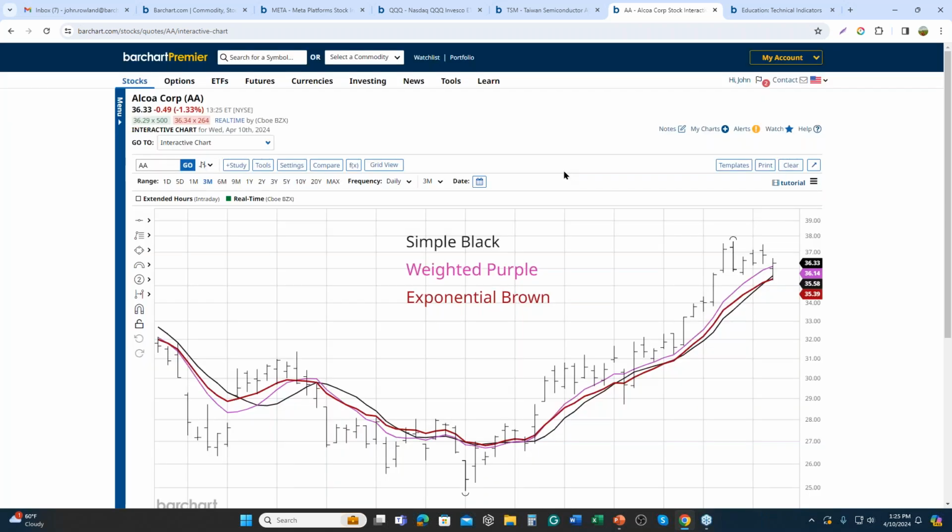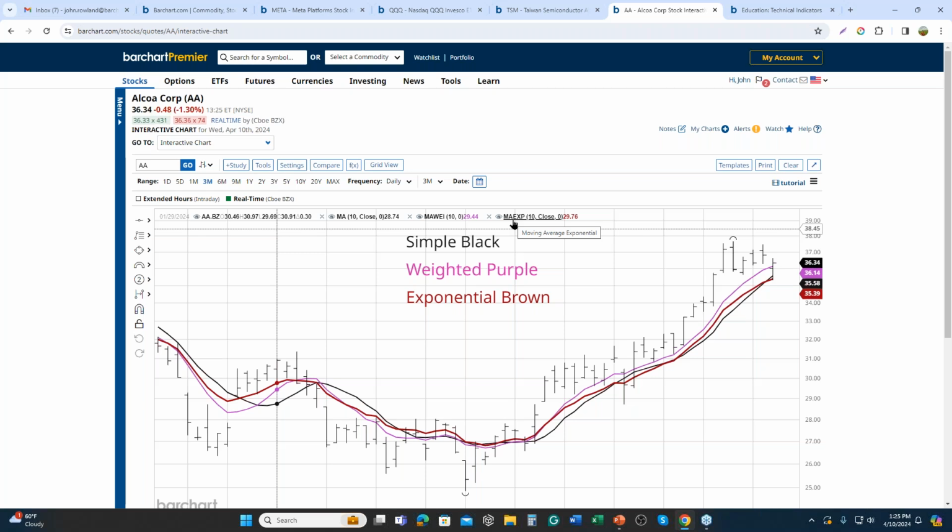In this one, black is our simple moving average, designated by MA. Our purple is our weighted moving average, and our brown is our exponential.